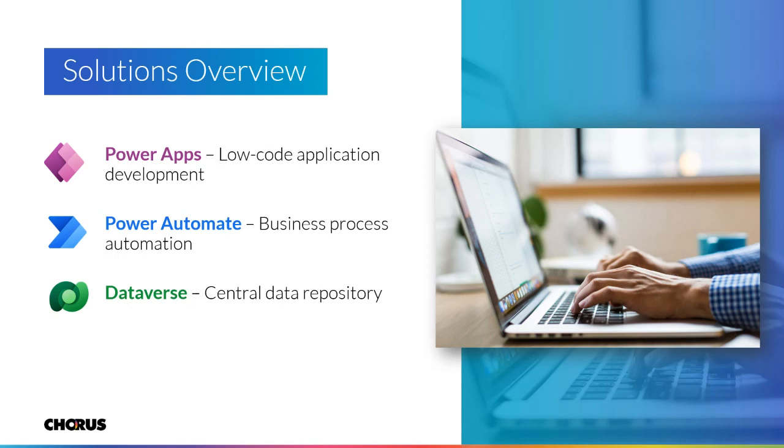And Power Automate is one of those features of the Power Platform that allows us to put business process automations in place, so implement different logic and even connect different technologies together.